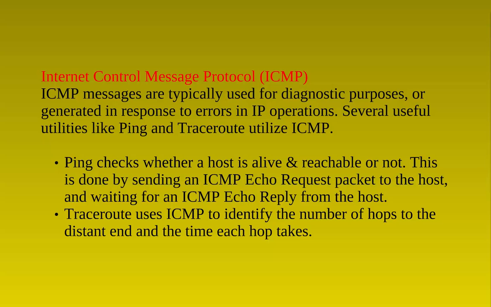These are done with ICMP echo request and echo reply packets. And then traceroute is what we use to identify how many hops the connection takes to the distant end, and it also measures the number of milliseconds for each of those hops. And we'll do a little practical homework exercise on that.